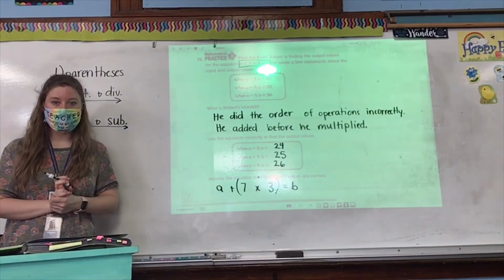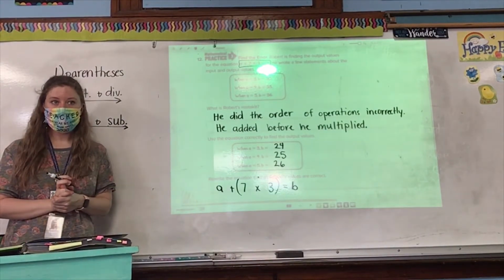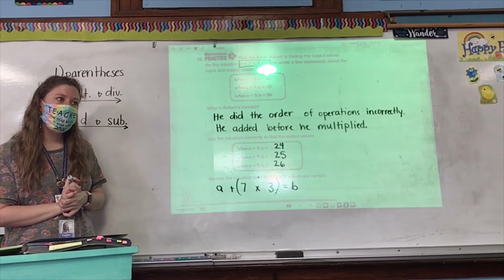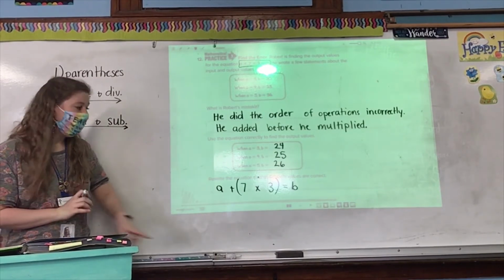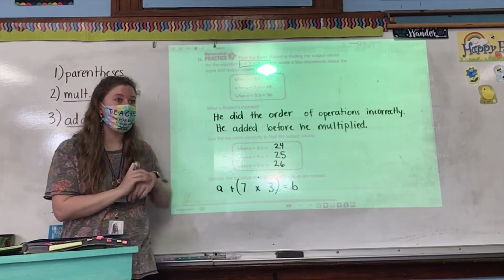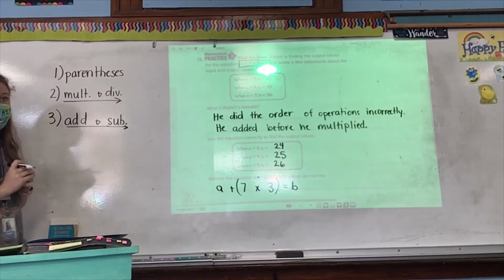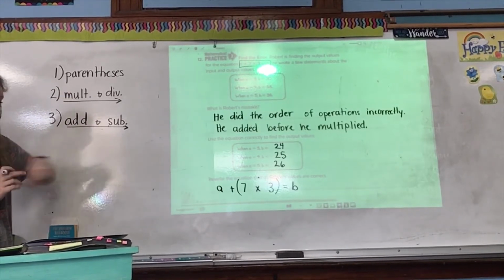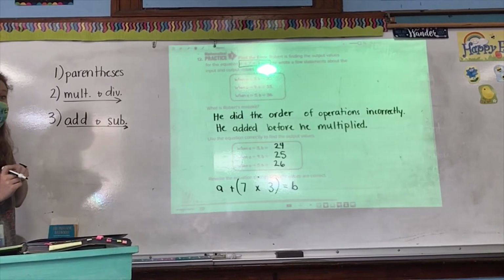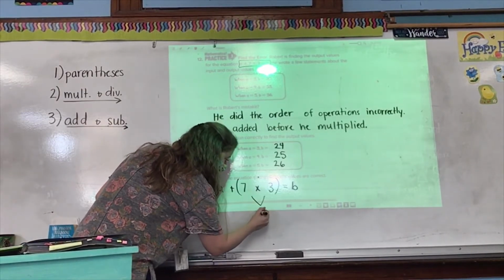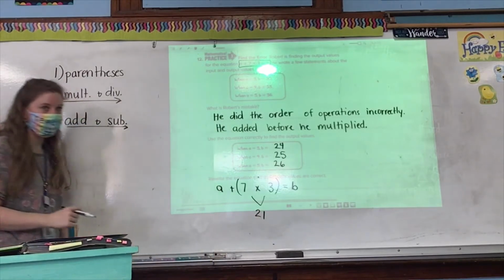Is that right? Zadie? No. Why? Because in order to make his answer right, we have to put it around a plus 7. If we put parentheses around 7 times 3, which part would we do first, Carla? The parentheses, which would be 7 times 3, which would be 21.